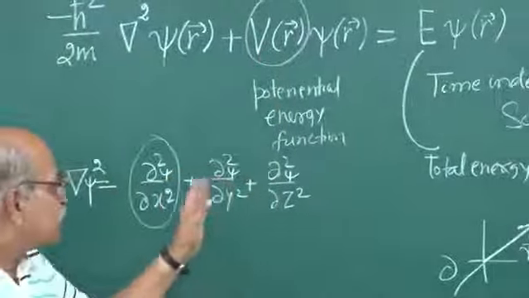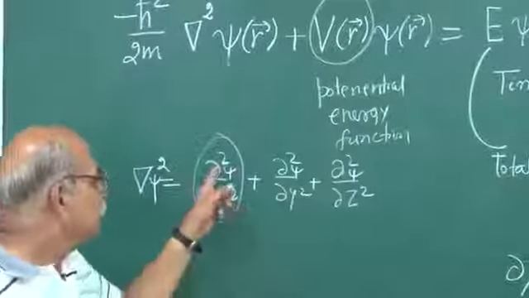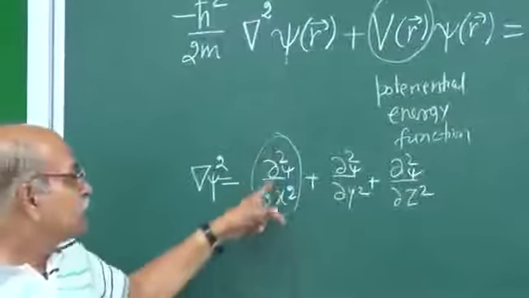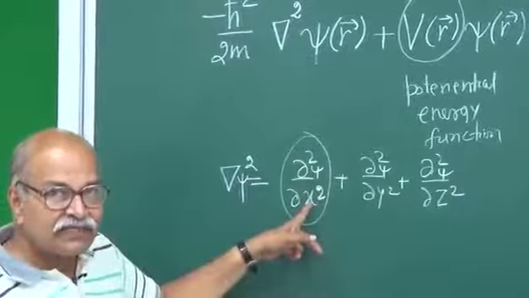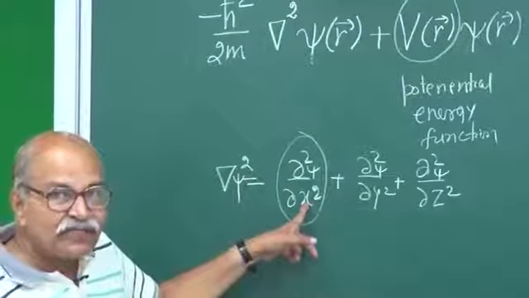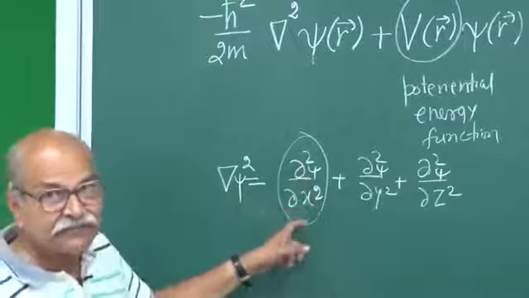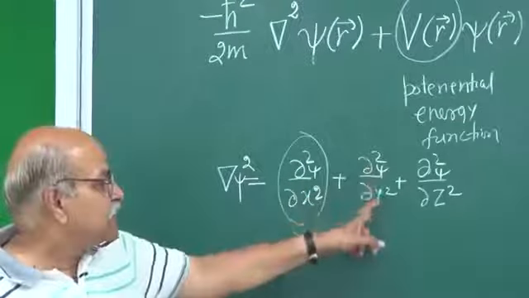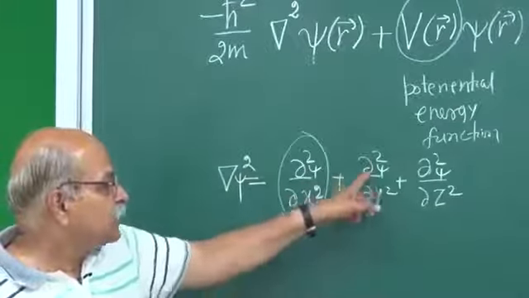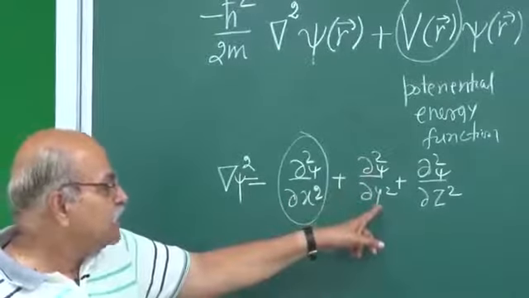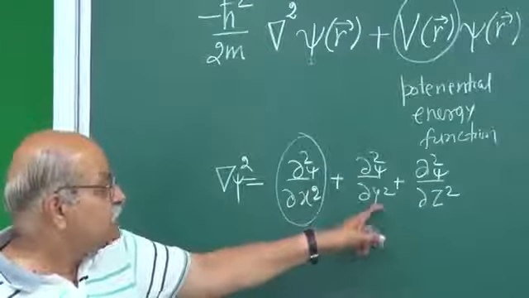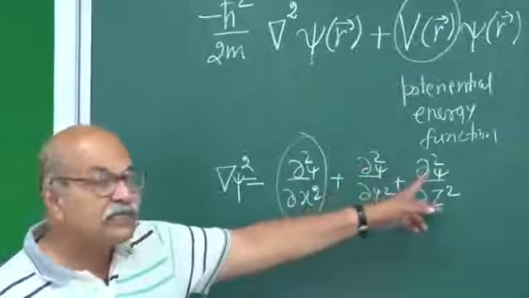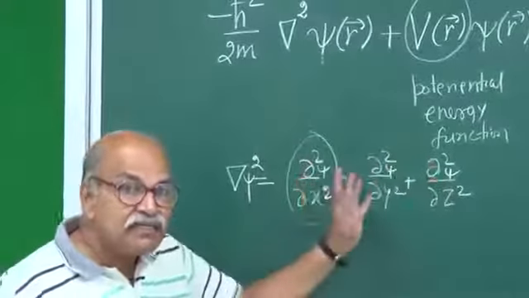And then if it is a function of x, y, z, this expression means that you differentiate with respect to x and treat y and z as constants. Similarly, differentiate with respect to y twice and treat x and z as constants, and similarly here. They are known as partial differentiations.